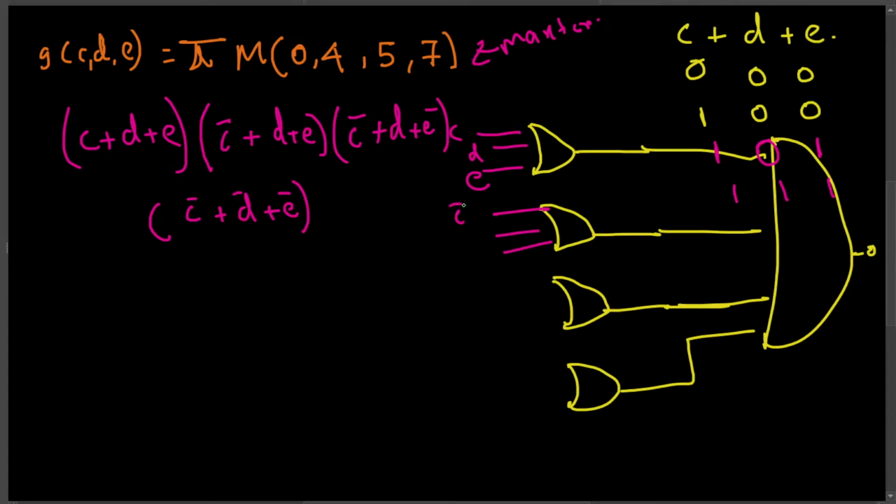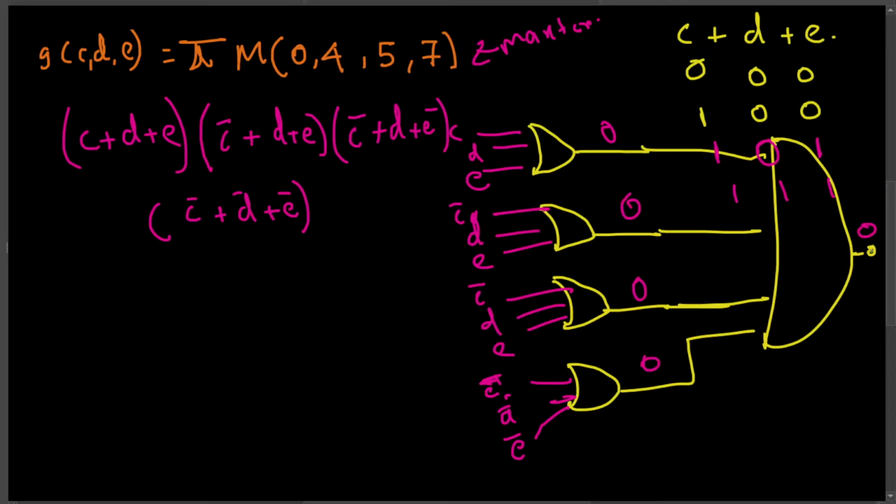This is C prime, D prime, C prime, D, E, and then this is C prime, D, and E, and this one is C prime, D prime, and then E prime. Okay, when we do this input, the output is going to be 0 right here, and then finally we get the 0 output in the AND gate as well. Now let's see whether we can simplify this one.